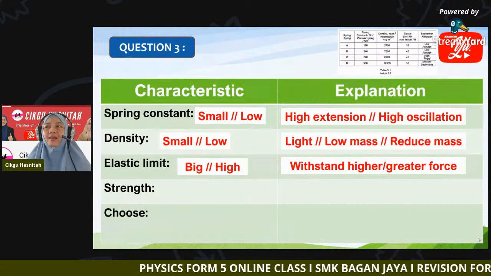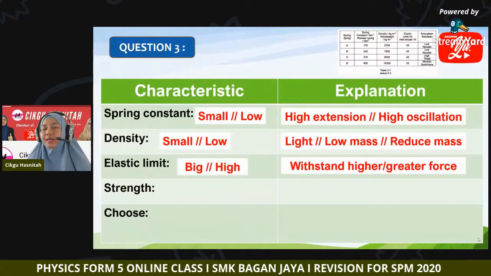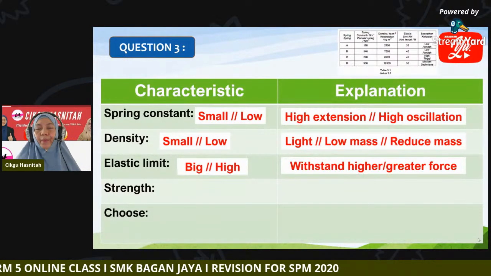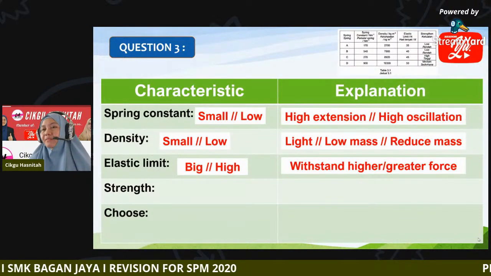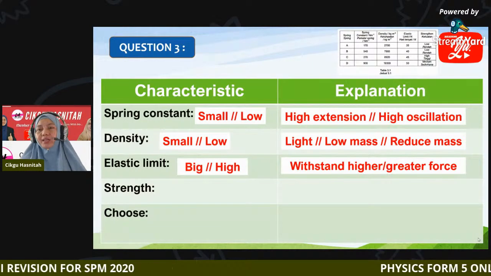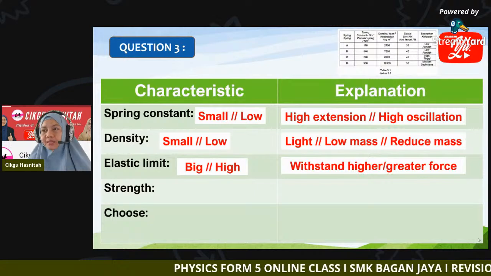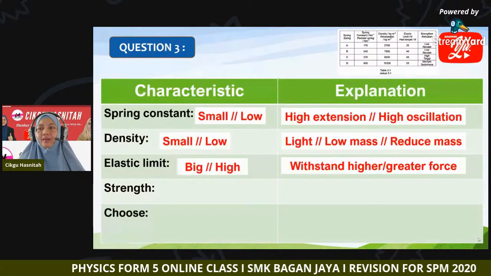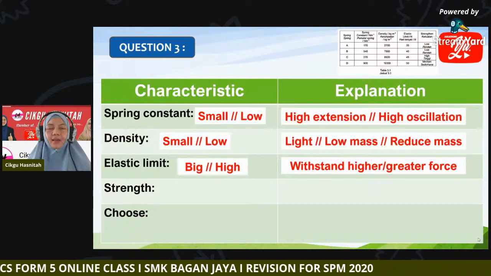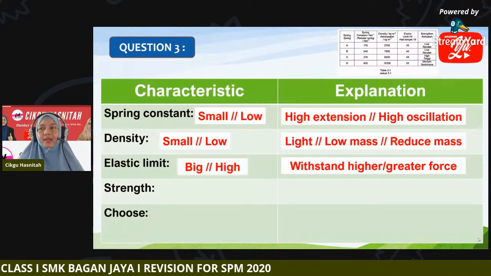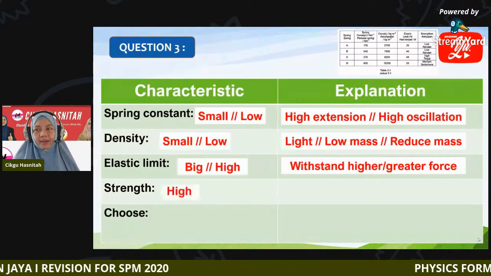So how about the strength? High, low, or medium? Jinjie said the elastic limit is to be able to return to original shape. Accepted. So the strength has to be high. Why?